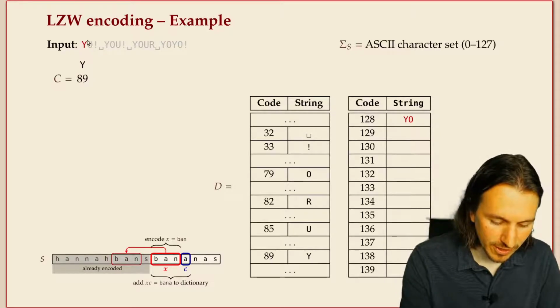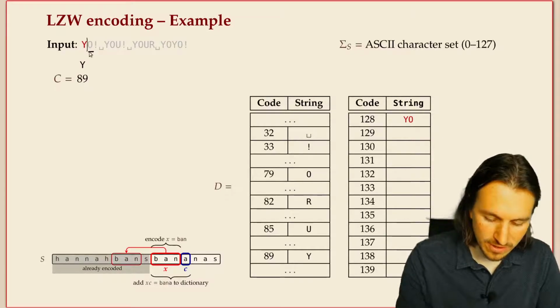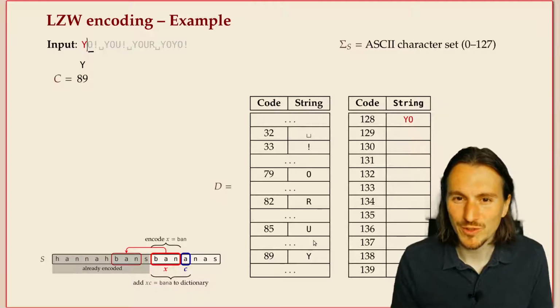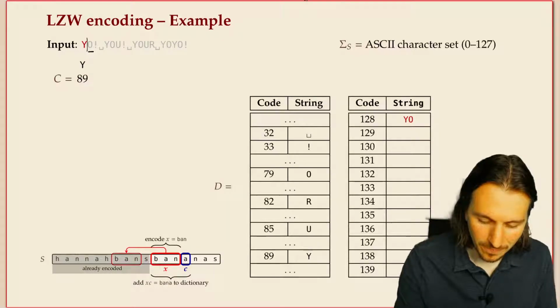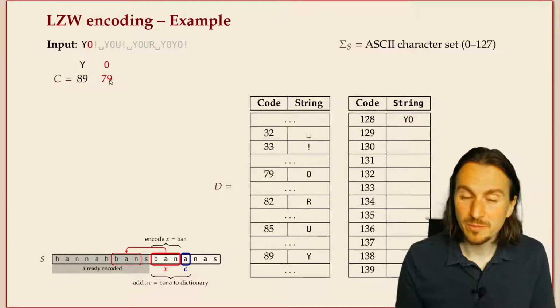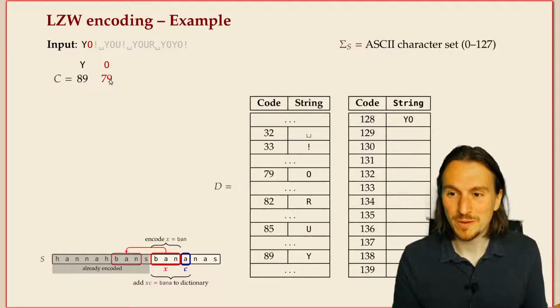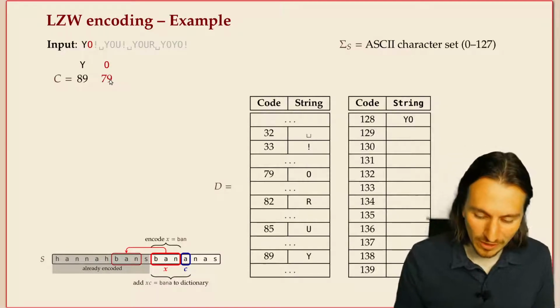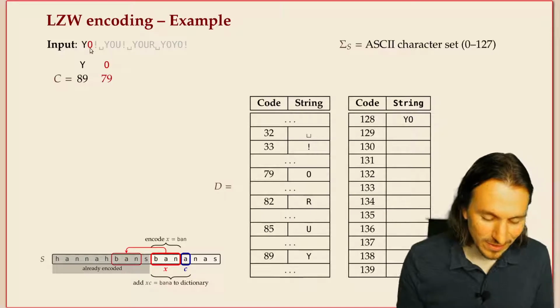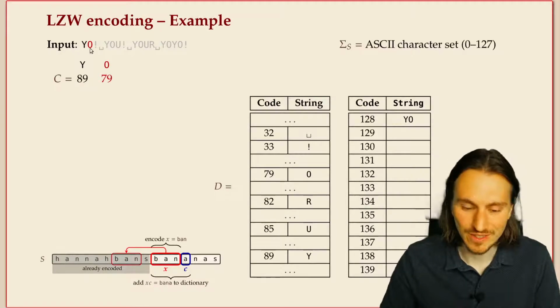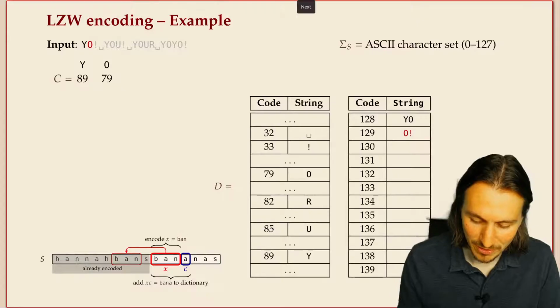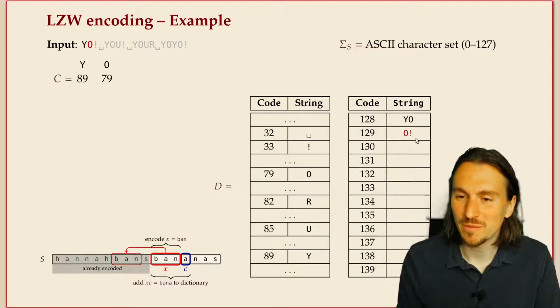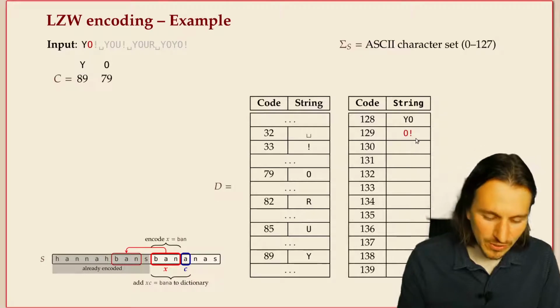Next thing, we start again from here, read the longest thing we find in our dictionary. Well, we haven't seen so much, so that's just a single O. So we put that here, but then before we move on, also add the one longer phrase, which is O with the exclamation mark. So that goes here and takes up the next slot in the dictionary. Okay, you see how this goes.